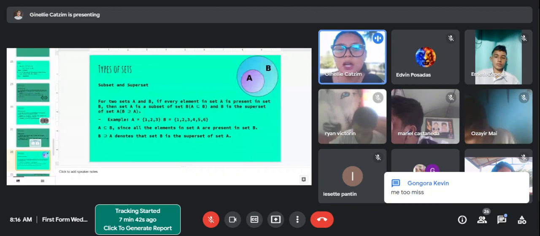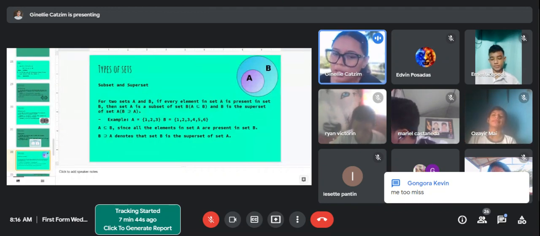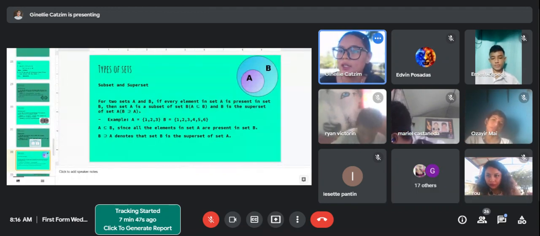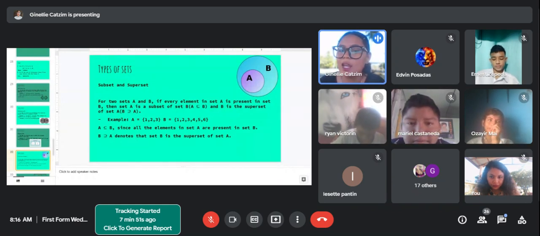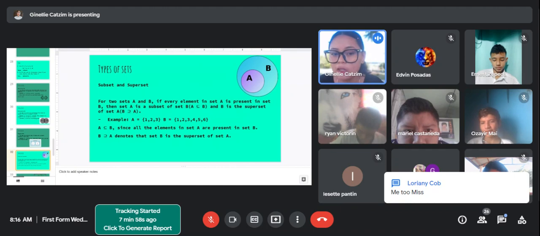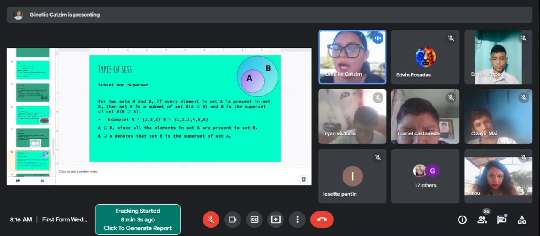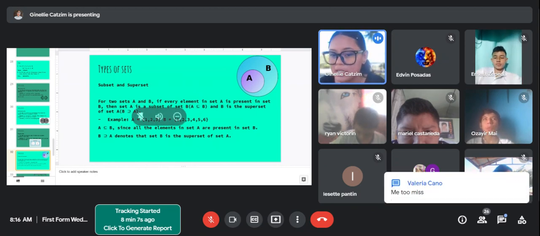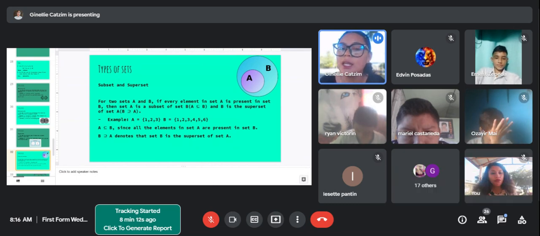We have, for two sets A and B, if every element in set A is present in set B, then A is a subset of set B, and it's represented like I have there. And B is the superset of set A. I will repeat that. For two sets A and B, if every element in set A is present in set B, then set A is a subset of set B, right?